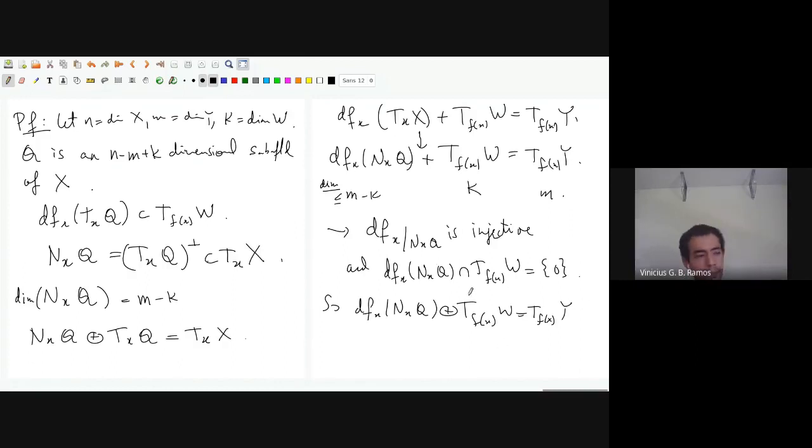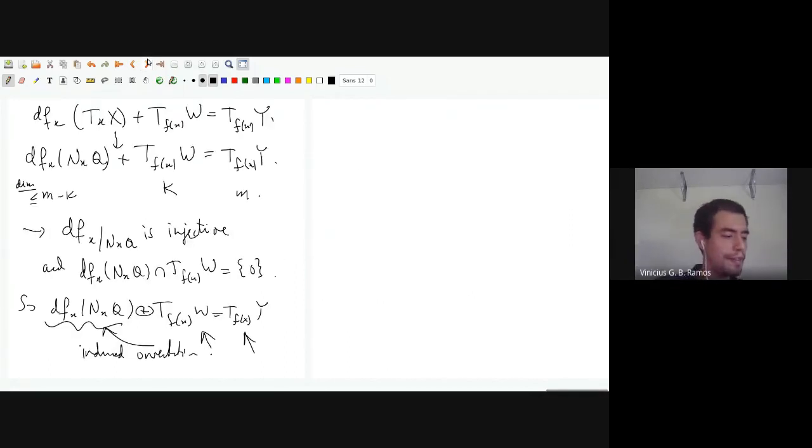So now using this direct sum, as I said before, since this one is oriented and this one is oriented, that induces an orientation on this one. So, induced orientation. Let me write this one more time if I haven't written enough. So again, if v1 through v_{m-k} is an oriented basis of the normal bundle N_x Q, so that's the definition.